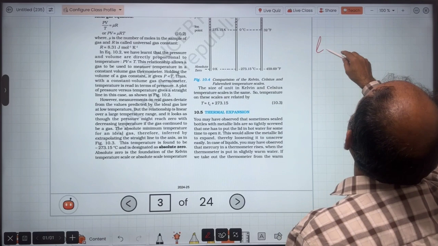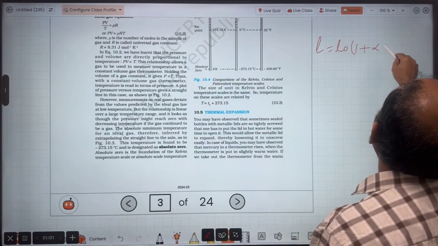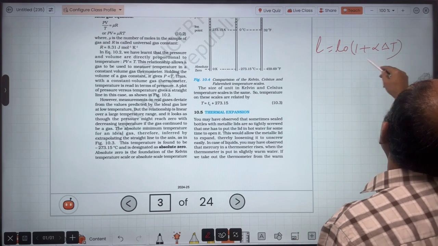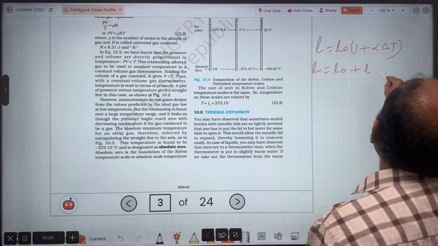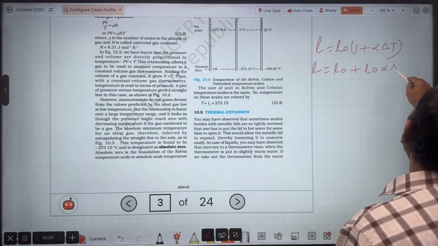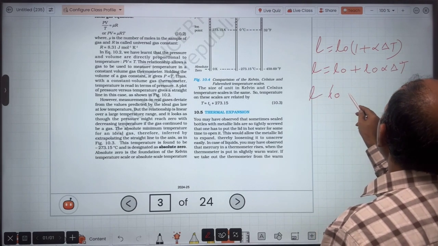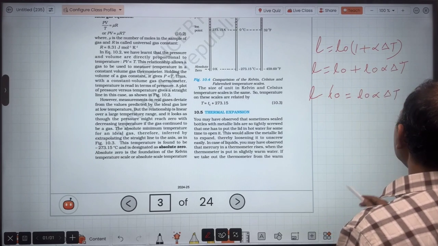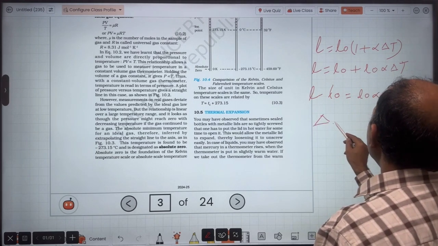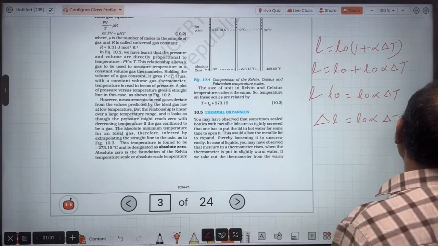So L equal to L0 (1 plus alpha delta T), right? If you open it, you will get L0 plus L0 alpha delta T, or L minus L0 equal to L0 alpha delta T. This can be written as delta L equal to L0 alpha delta T, right?